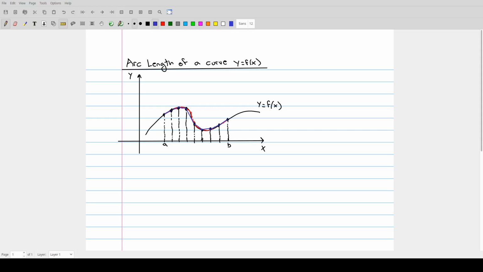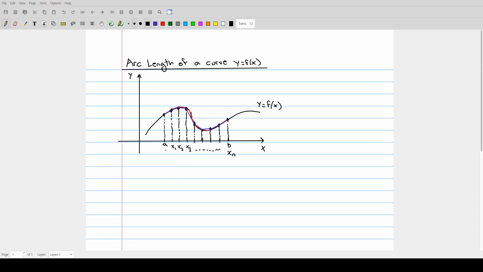So to develop a formula here, we want to label each one of the terms in our partition. We call this x1, x2, and so on and so forth. x3, and in general, the partition will go up to xn, because we might have n points in our partition.